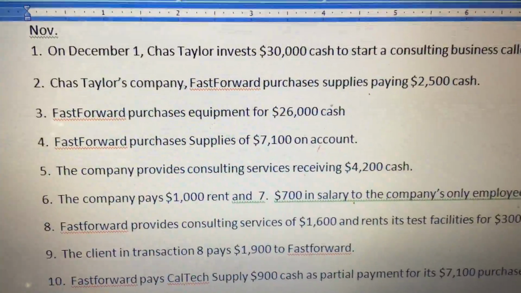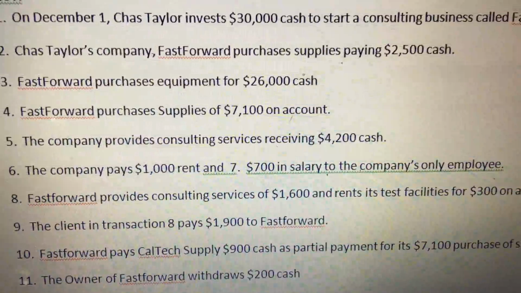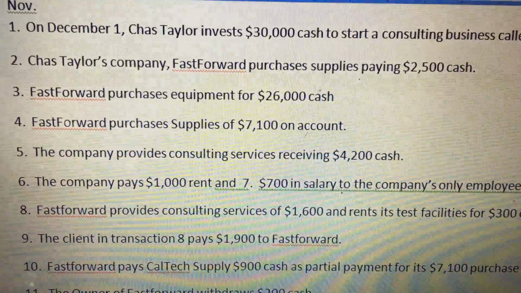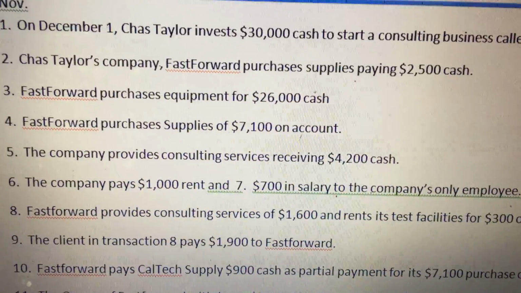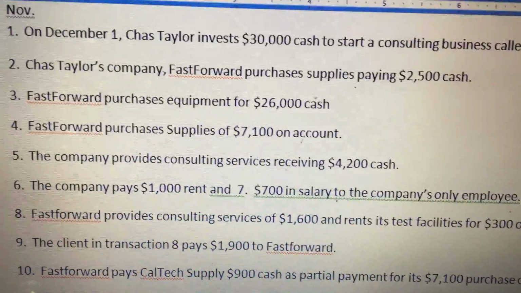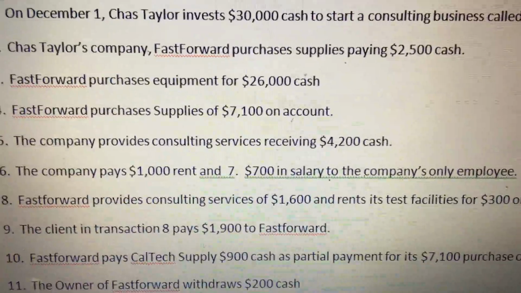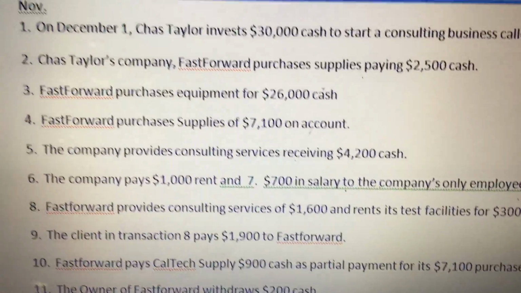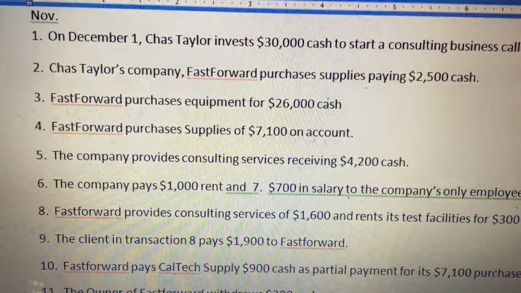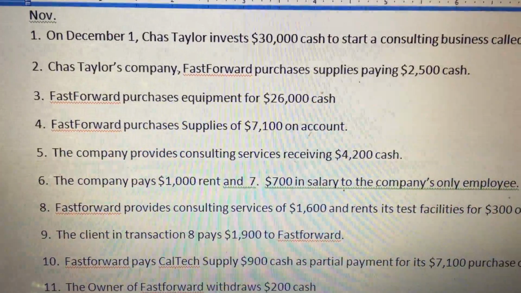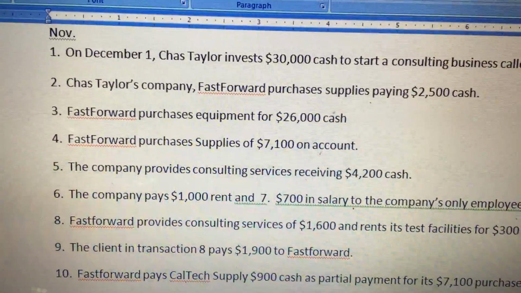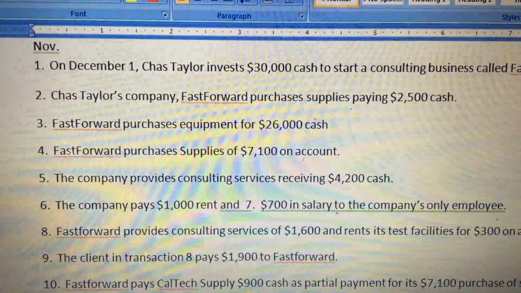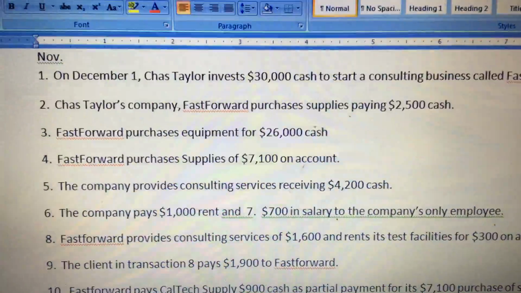I want you to do all the journal entries on a blank general journal form, and when you finish, I'll give you further instructions as to where to put them. Perhaps after we post them, I'll take up both. So this is your homework, and with that, I will let you go, do your homework, and I'll give you further instructions on how to get them to me. Next time, we'll do T accounts and continue to study for your test on Thursday.